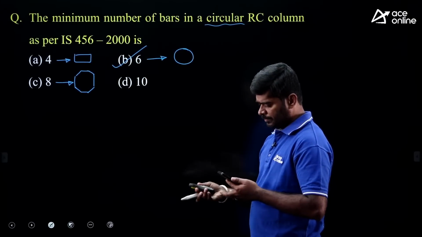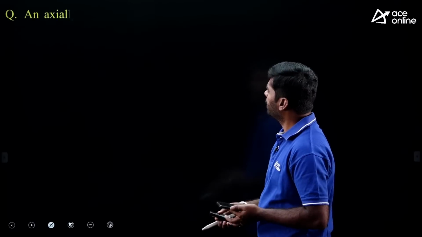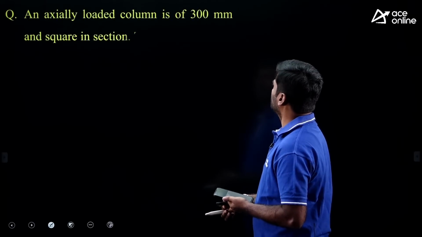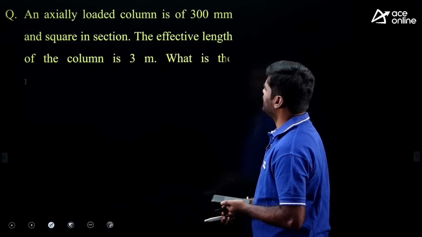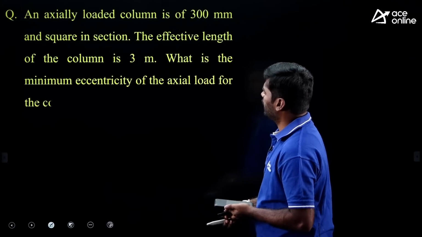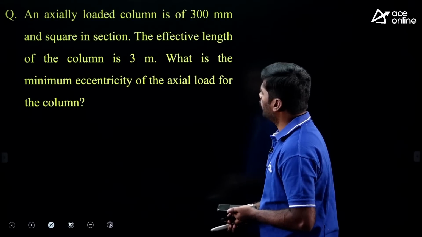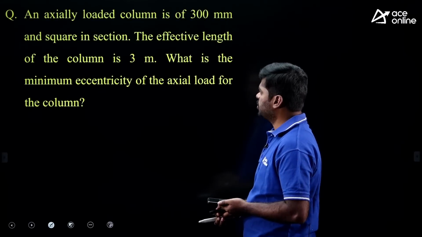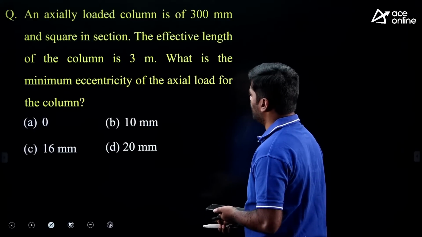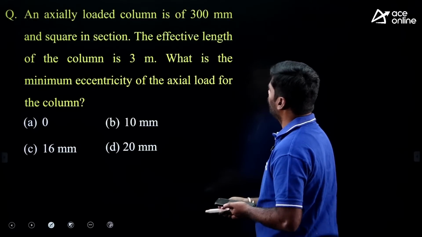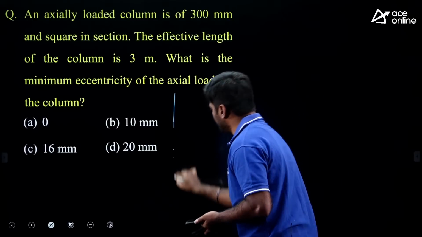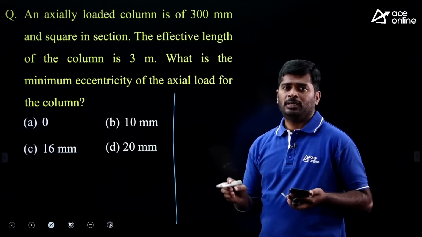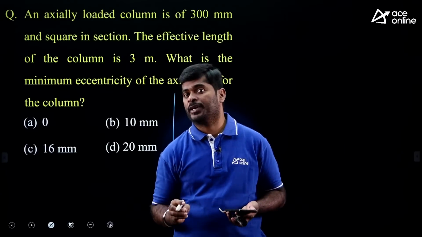The next question. An axially loaded column is of 300 mm and square in section. The effective length of column is 3 meter. What is the minimum eccentricity of the axial load for the column? Options given here A, B, C, D. My dear, minimum eccentricity, in worst case we have to take 20 mm.